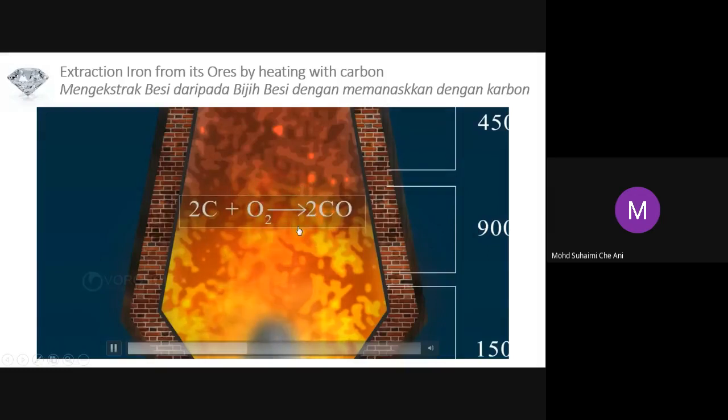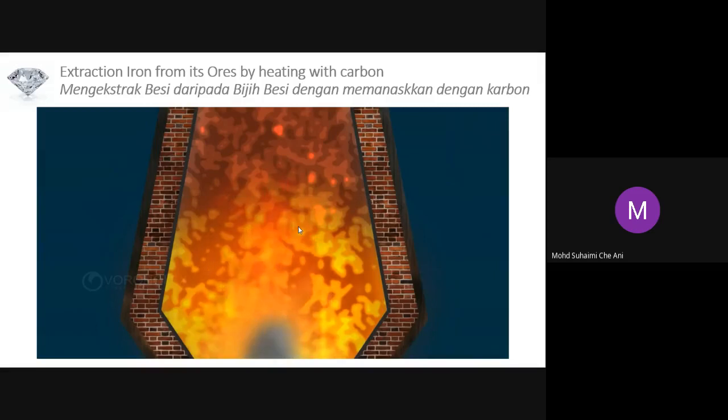So inside this one, the reaction will cause carbon to steal or to take oxygen from the metal oxide, become carbon dioxide, and you leave the metal alone lah.